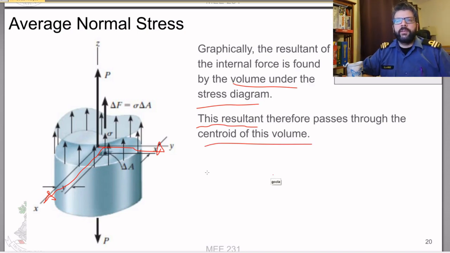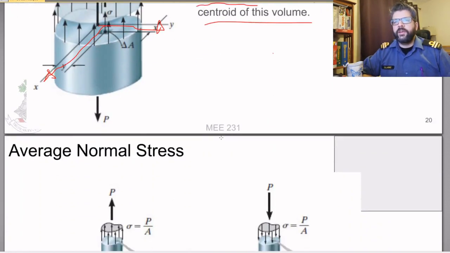That having been said, we tend not to deal with this graphically too much. There are little tricks to figure out how to find a decent resultant for the stresses, but we'll get into those.